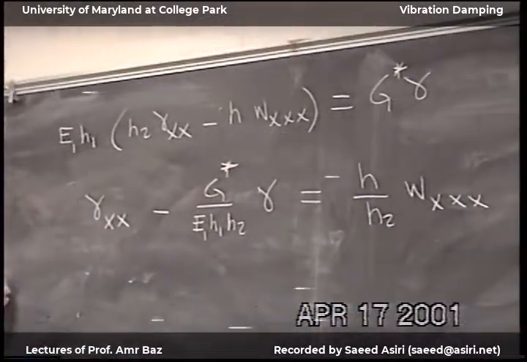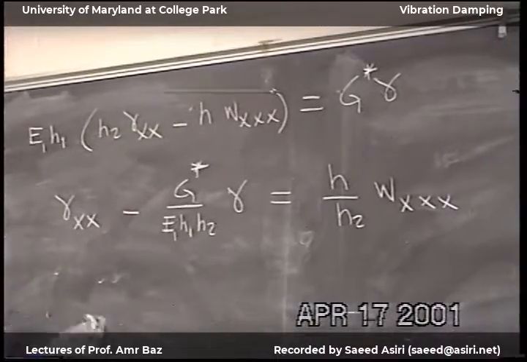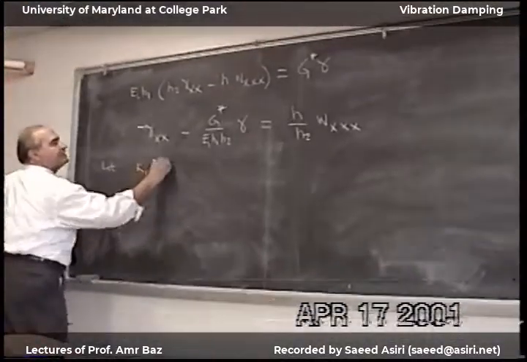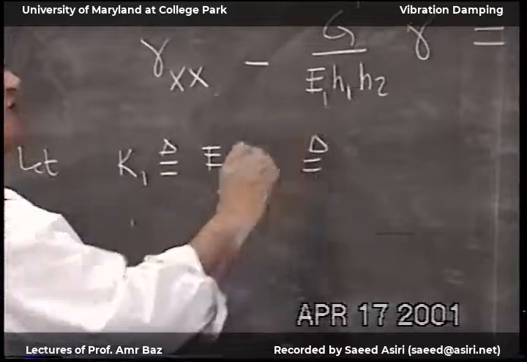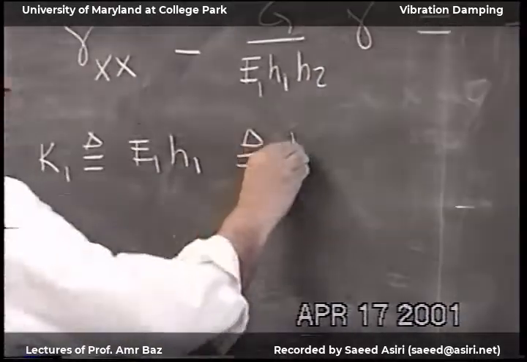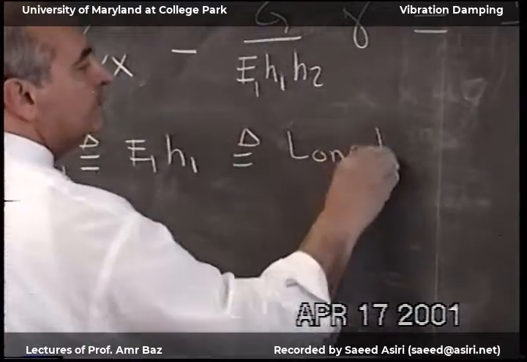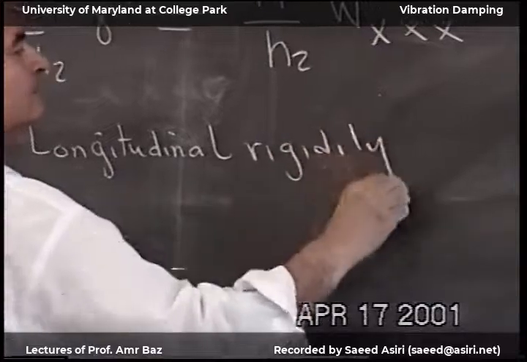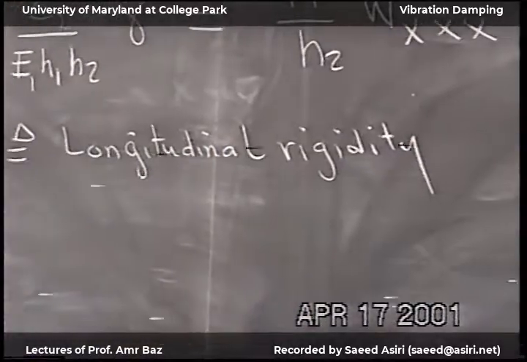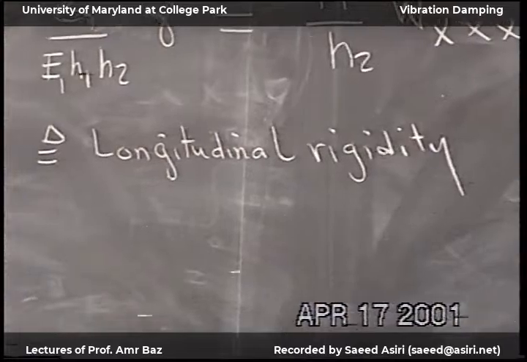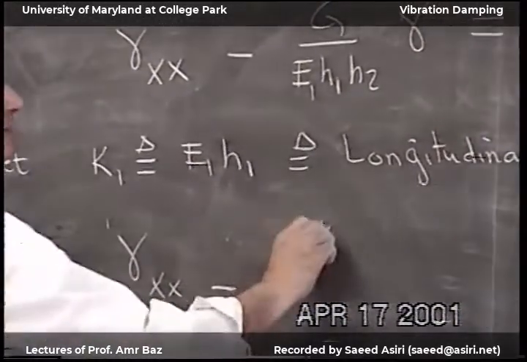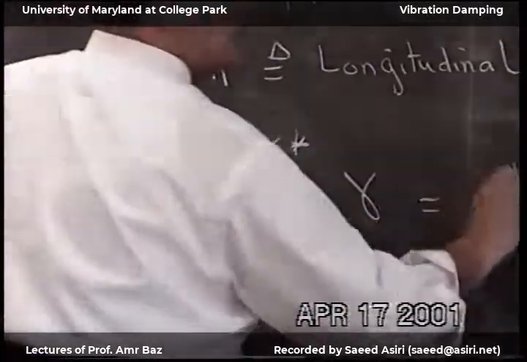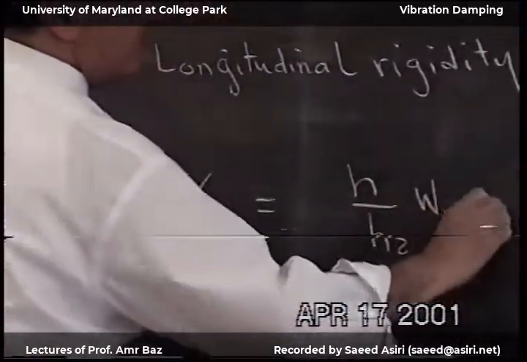For simplicity, let P1 is equal to E1, H1, and this would be the longitudinal rigidity. So then we have gamma xx minus g asterisk k1 h2 gamma will equal to h 1, 2, 3.